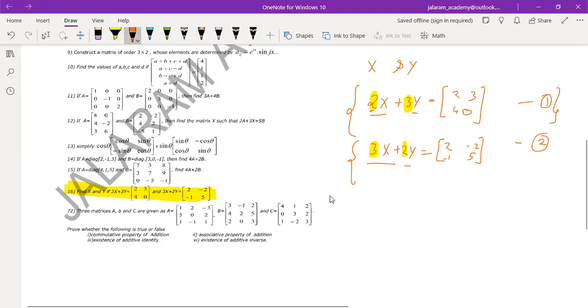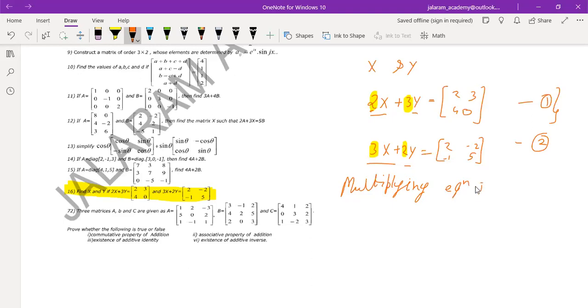So let's first write the reason, the statement. Multiplying equation 1 by 3 and equation 2 by 2.